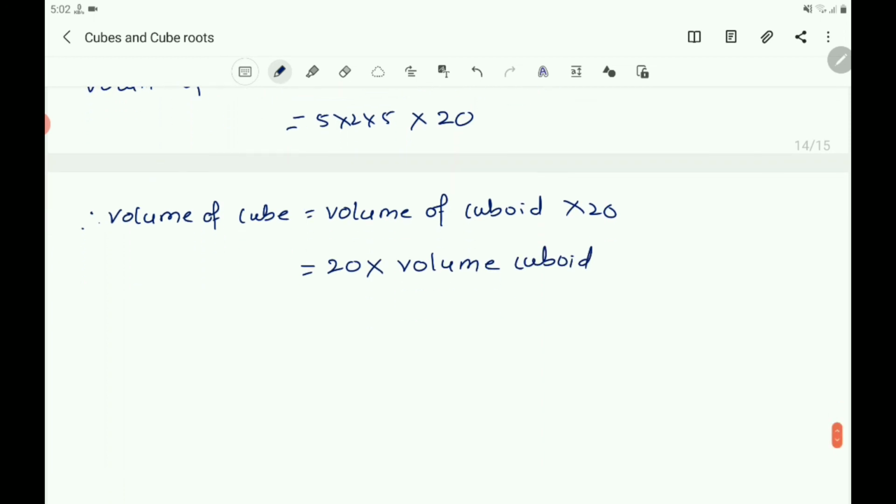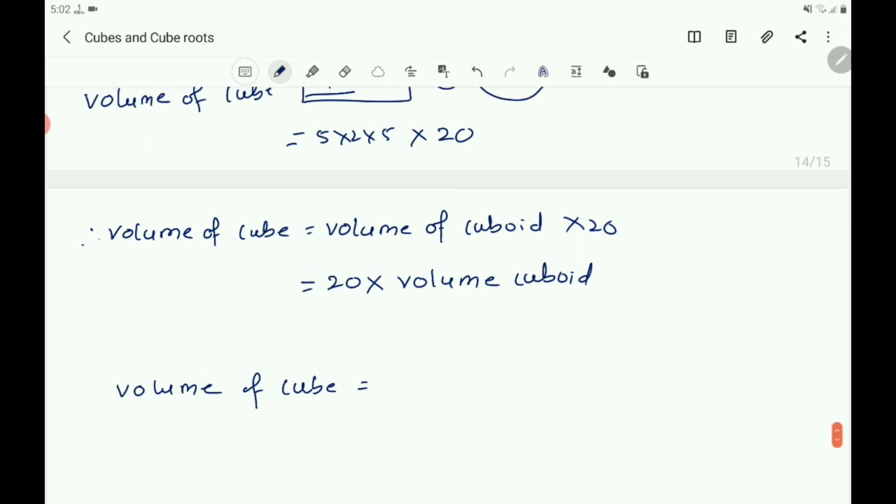Then what will be the volume of the cube that is formed here? That is, volume of cube becomes 5 into 2 into 5 into 20.